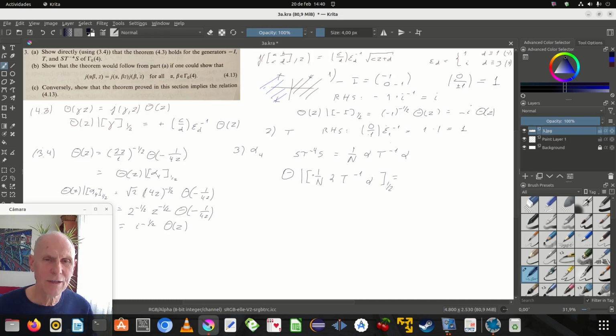One nth does nothing. Alpha, that's a factor I to minus 1/2. T to minus first does nothing, and alpha gives another factor I to minus 1/2 theta, which means we end up to minus I to minus 1/2 theta, which is I theta.